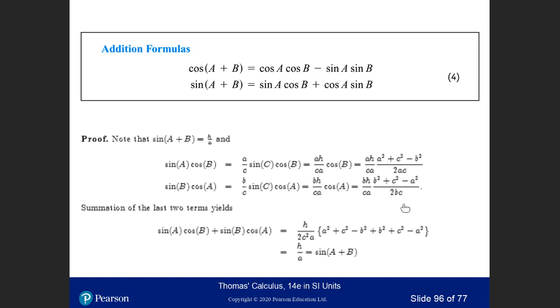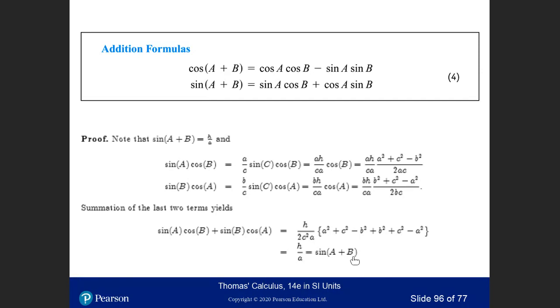So if you add these two, you have A squared plus C squared minus B squared, and plus B squared plus C squared minus A squared. The A squares cancel out, the B squares cancel out. So you have here 2C squared, which cancels out with 2C squared here, and you get H over A, which is sine A plus B. So that's the proof of the addition formula.